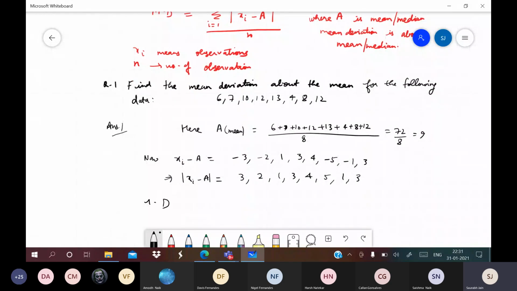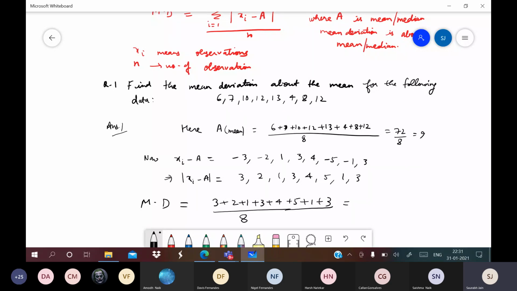So how to write mean deviation? Mean deviation is the sum of all these numbers upon the total number of numbers. Total number of numbers is 8, and the sum of these numbers after taking modulus is 3 plus 2 plus 1, 3, 4, 5, 1, 3. That's it. Question is over. Just solve this value.